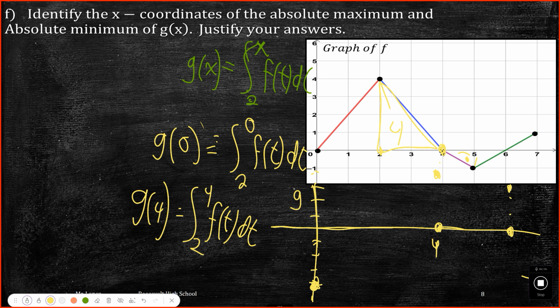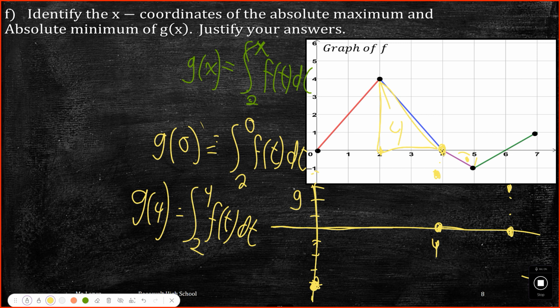So what's the absolute max? The max would be at x equal to 4, and the absolute min would be at 0.